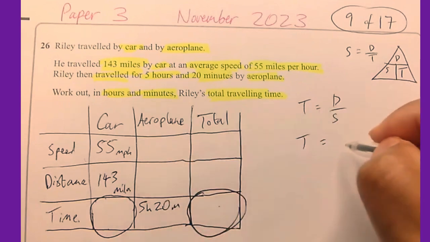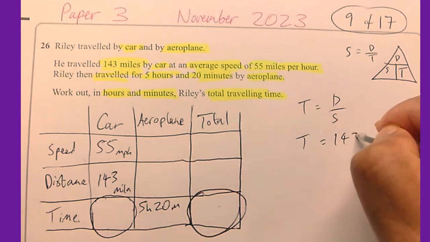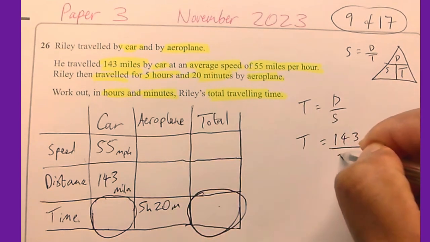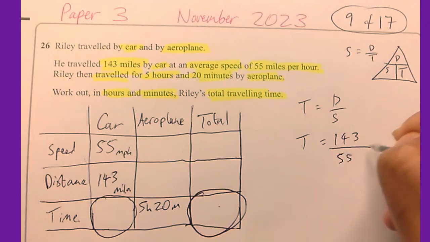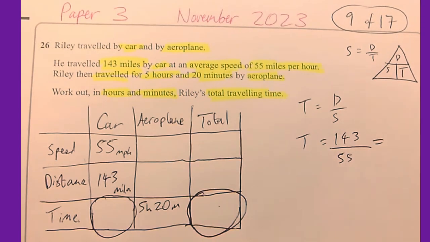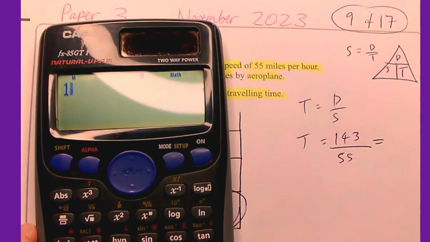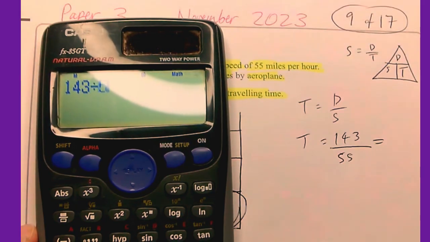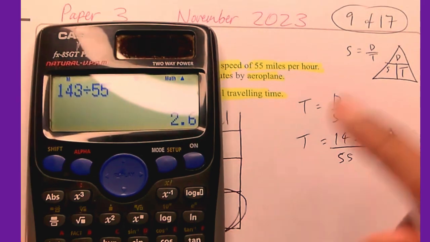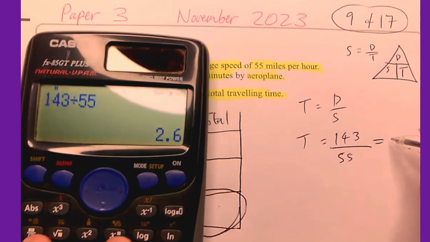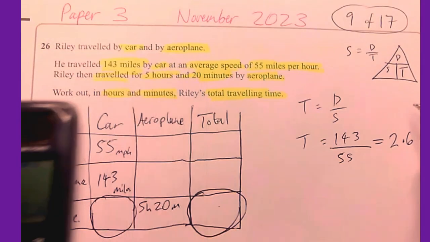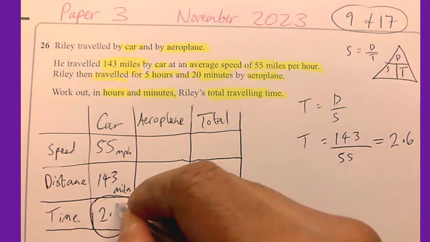My distance is 143 divided by speed is 55. It's a calculator paper, so put it into the calculator. 143 divided by 55 gives me 2.6. So this goes in here.